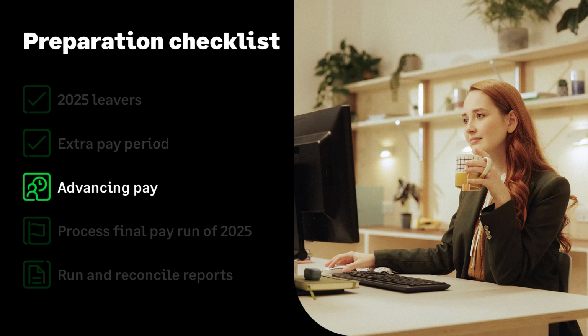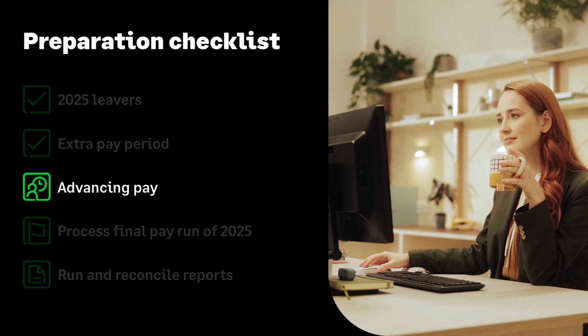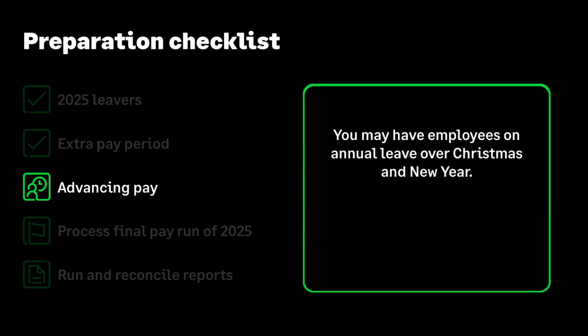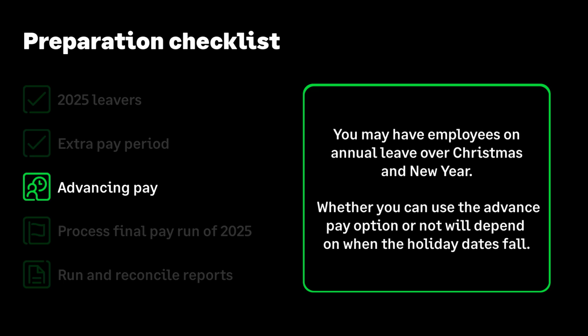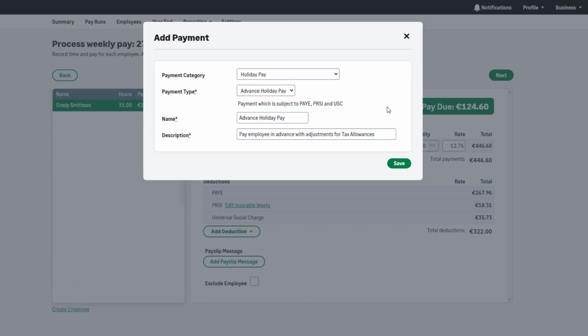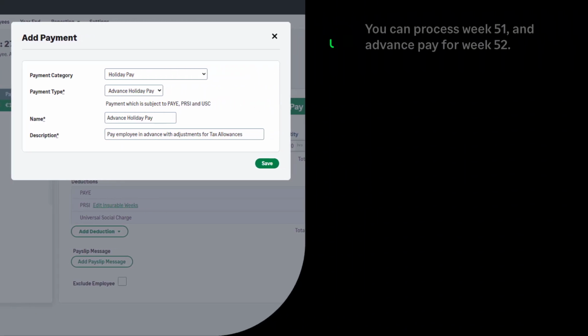Let's move on to advancing holiday pay over year-end. As year-end falls over Christmas and New Year, it's likely that you'll have employees on holiday at this time. Whether you can use the advance pay option or not will depend on when the holiday dates fall. You can use the advance pay option if the advance pay period covers any weeks up to and including week 52.